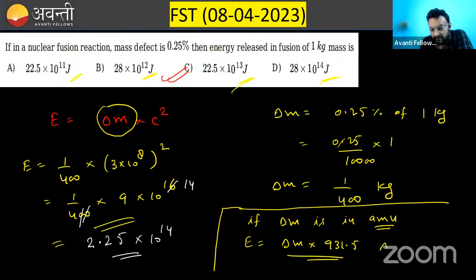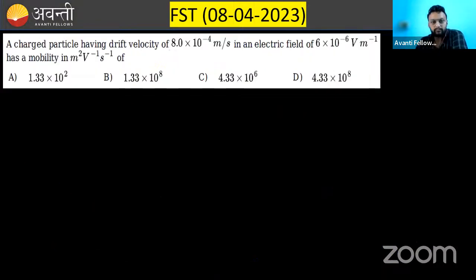And this will result in a unit mega electron volt. Remember, this is also a very famous unit of energy. What you should do if you have delta M in terms of AMU is multiply it by 931.5 and you will get the answer in mega electron volt. Keep it in mind. Now, moving further.